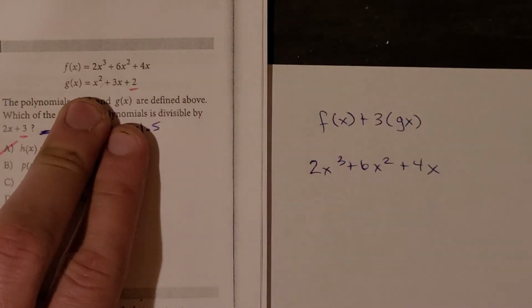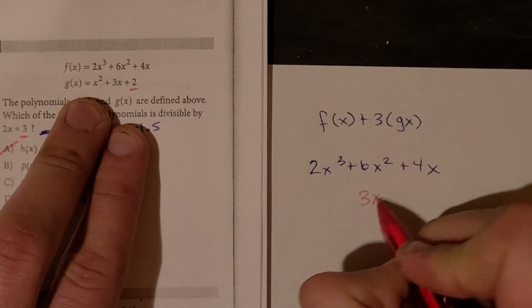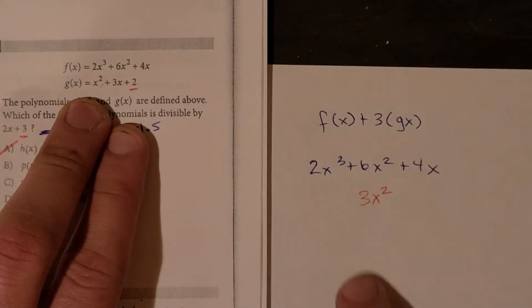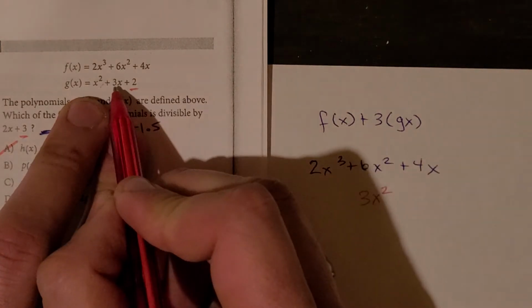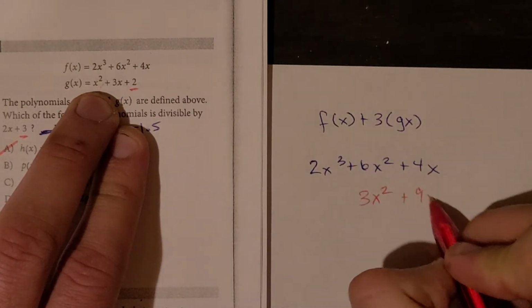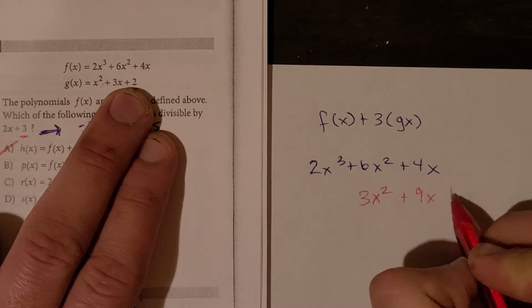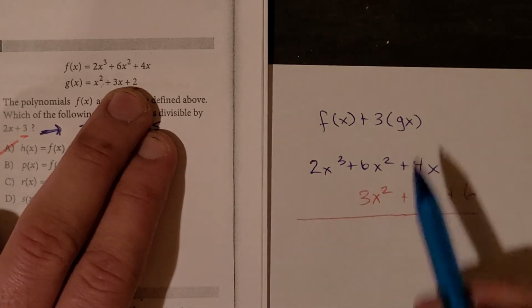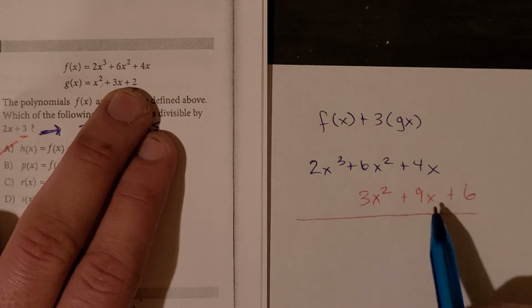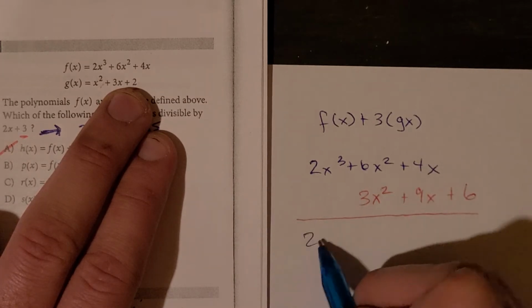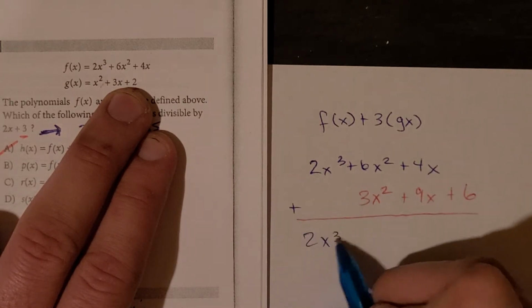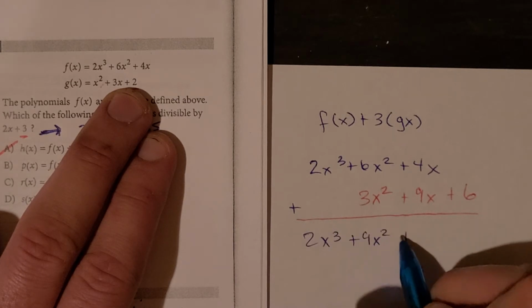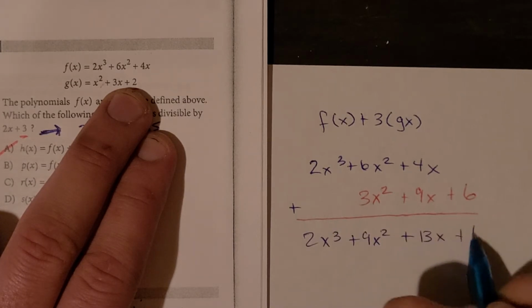So x squared I'm going to multiply by 3. That's 3x squared. Now I'm going to add them just by stacking here. 3x times 3 is 9x, and then 2 times 3 is 6. Okay? Hopefully you can see that I stacked my x squared terms on top of each other and my x terms. So if I add these together, I get 2x cubed plus 9x squared plus 13x plus 6.